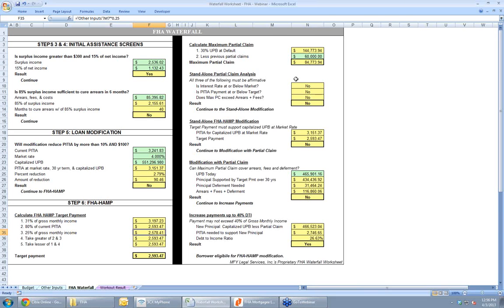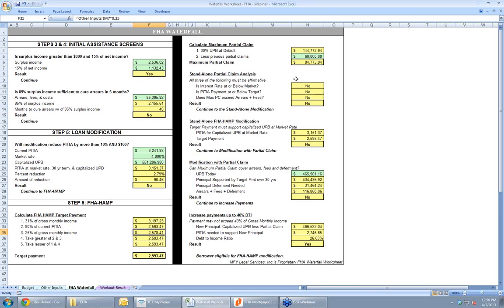So here, what you're seeing is we have the first one as UPB today, because we're looking at what is the amount that the borrower would owe on the loan if we were able to get rid of, essentially, all of their arrears through a partial claim. The next thing we're looking at is what is the principal supported by the target payment over 30 years. So there we're saying, okay, we know what our target payment is.